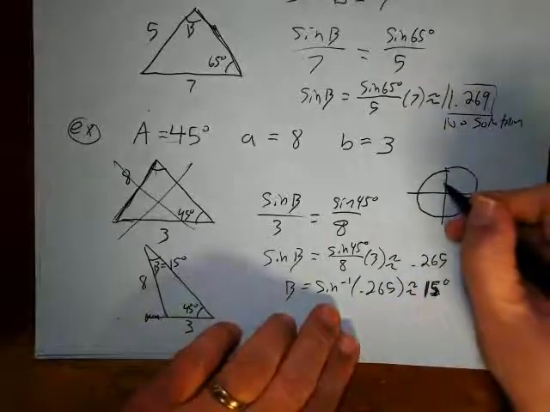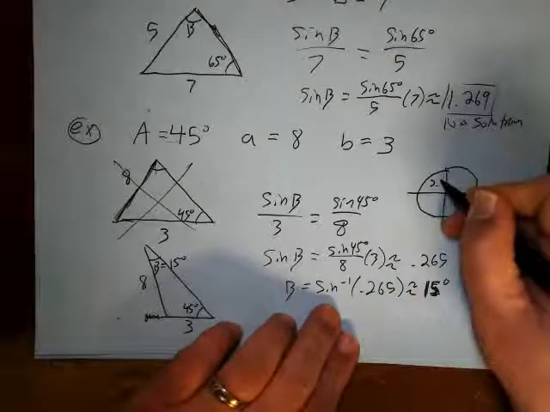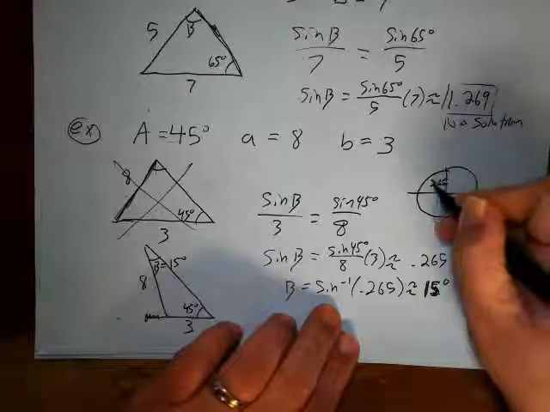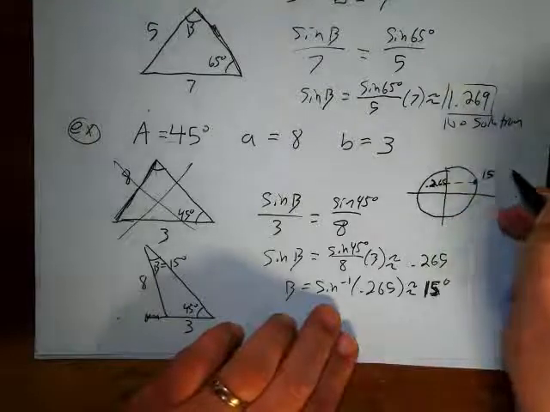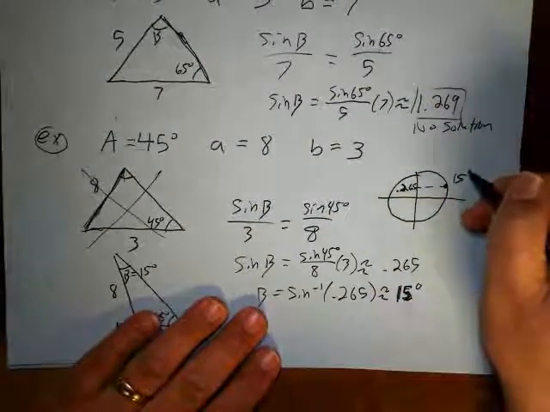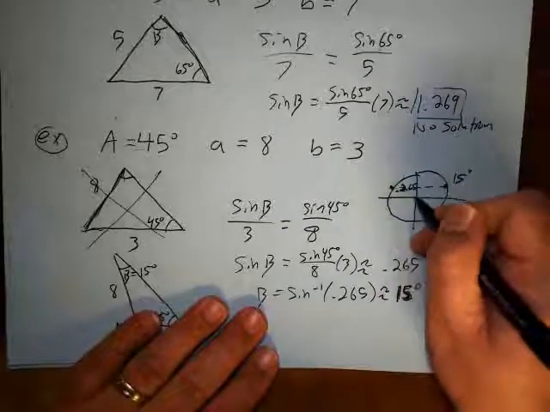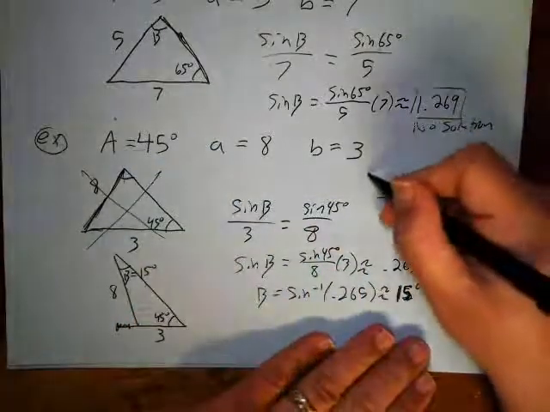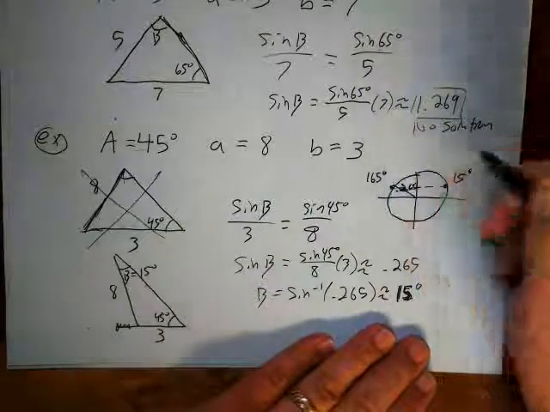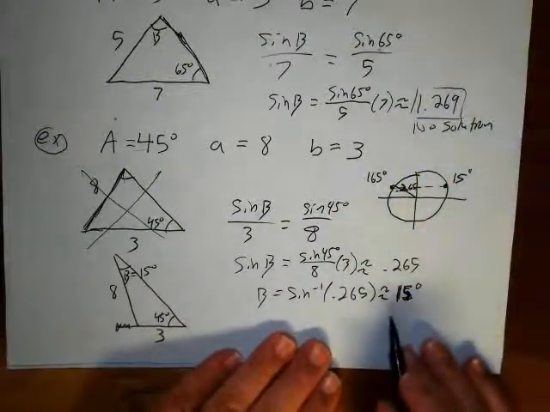One solution, so this is like 2.6, right? 2.65. Oh, sorry. 0.265. And this is one solution, 15 degrees, over here. The other solution would be on the other side, and that would be 180 minus 15 degrees. So this would be like 165 degrees over there. These would be the two solutions.